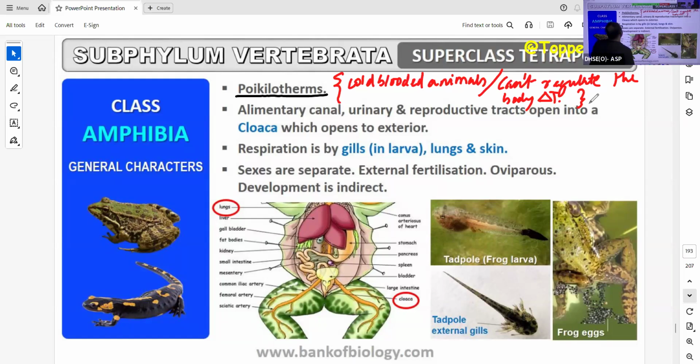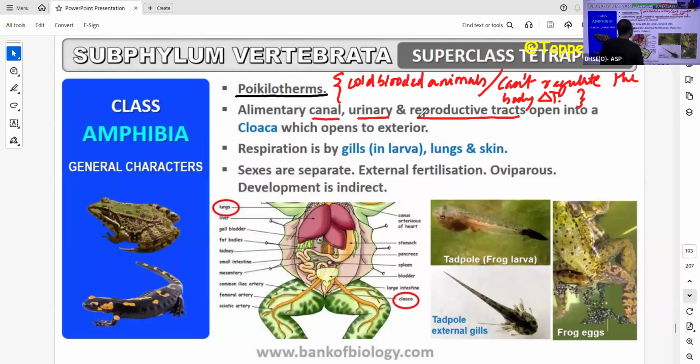Fine. Now, the alimentary canal, urinary and reproductive tracts open into a singular channel or singular tract that is called a cloaca.